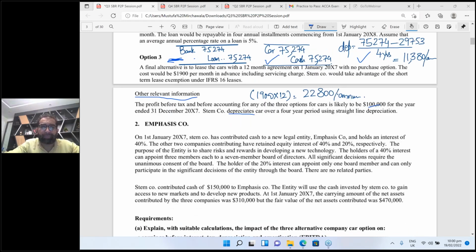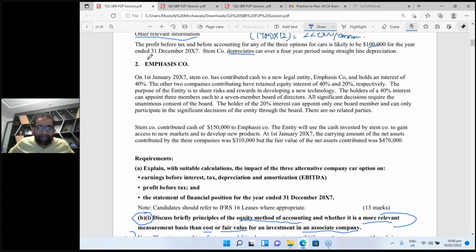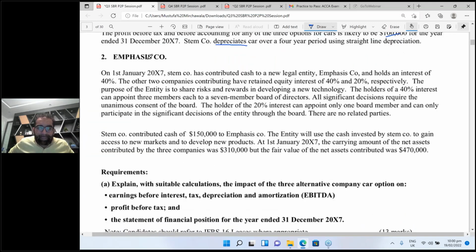First of all, there is a standard, IFRS 11 Joint Arrangements. Joint arrangement is applied first when you have joint control, when the parties, the investors, have joint control. Joint control means unanimous consent.